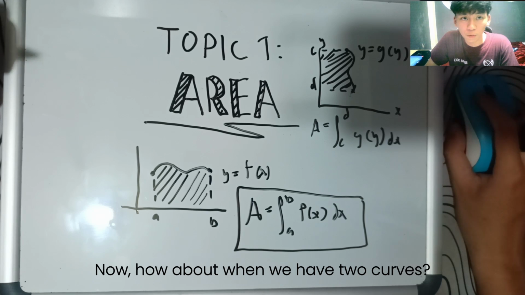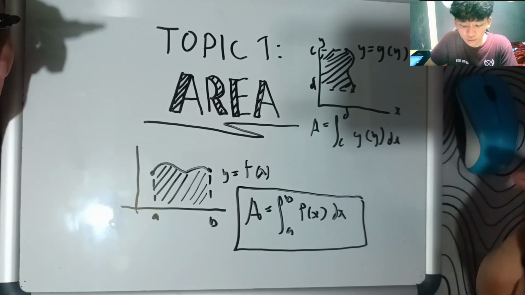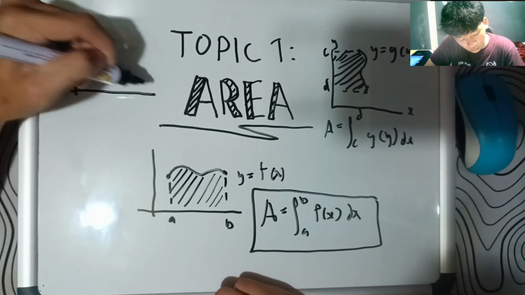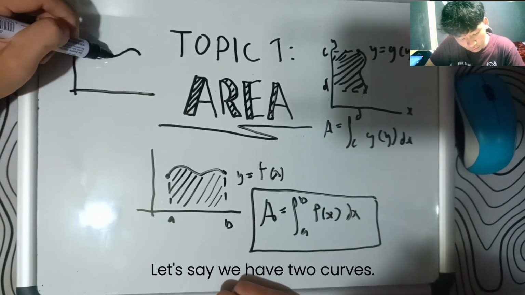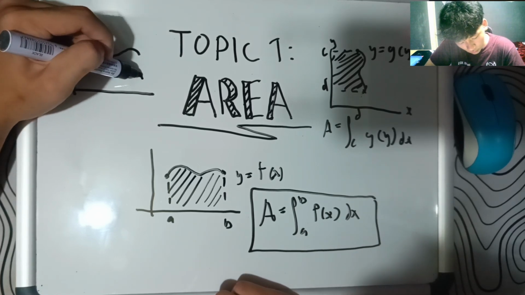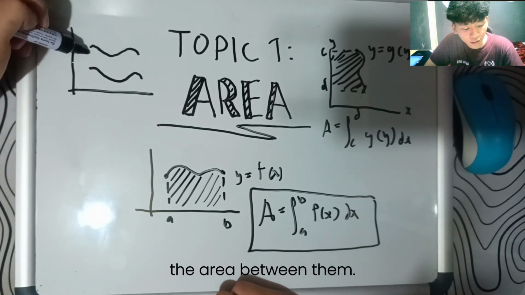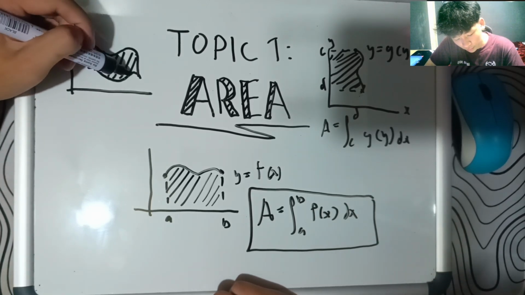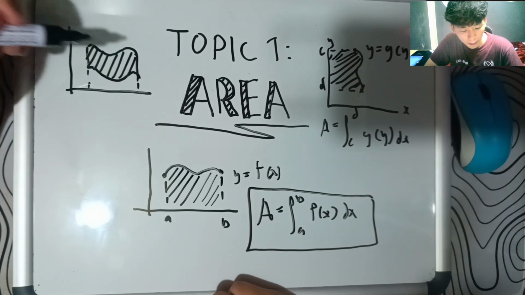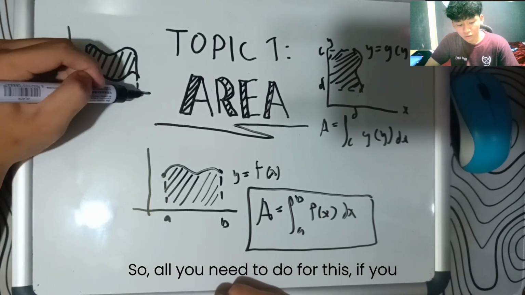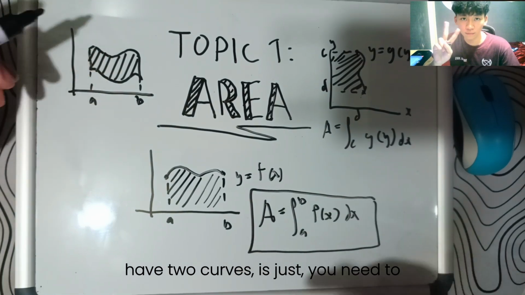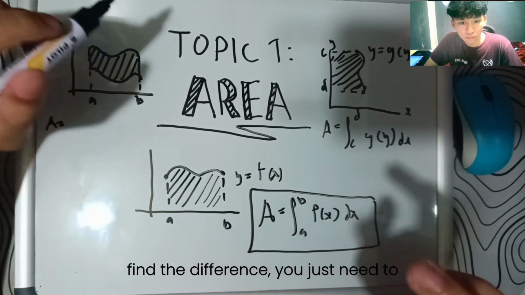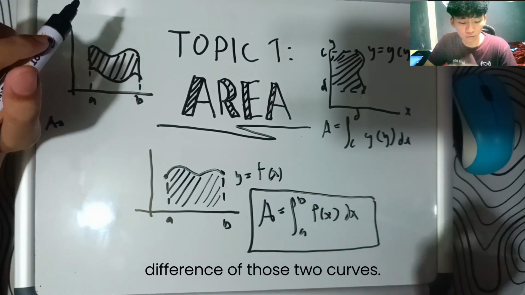Now, how about when we have two curves? Let's draw another graph. Let's say we have two curves, and we need to find the area between them. So all you need to do for this, if you have two curves, is find the difference of those two curves.